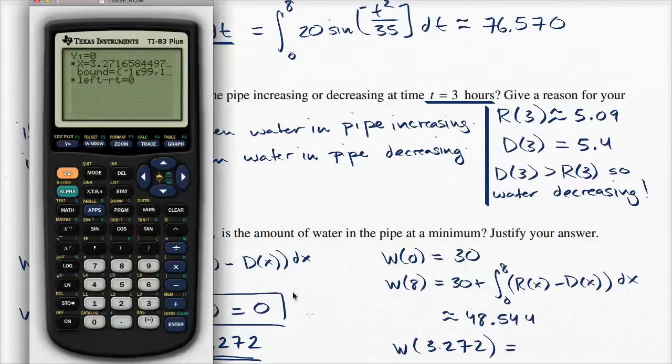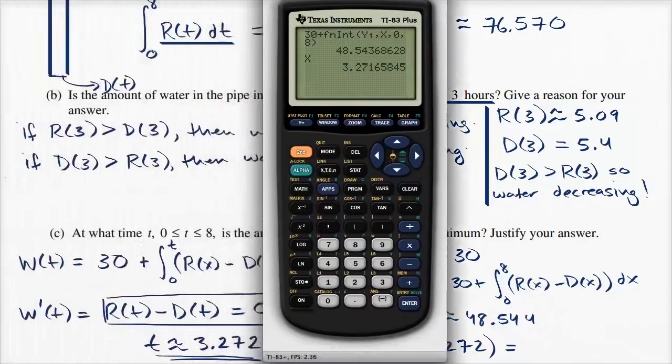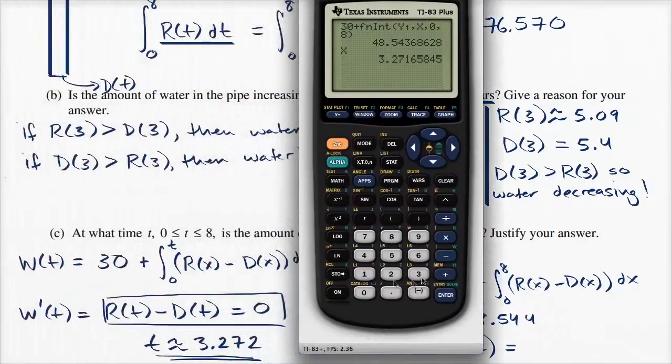Well, luckily, we can go back. So second quit. And that should be stored under the variable x. Yep, it's right there. So then we can say, well, let's calculate. We want to calculate the function evaluated when t is 3.272. So our function is 30 plus the definite integral. Go to the math. So definite integral.